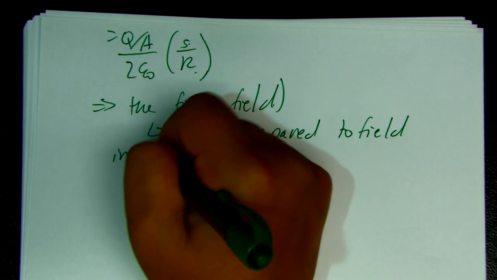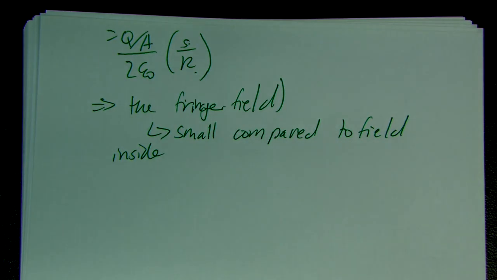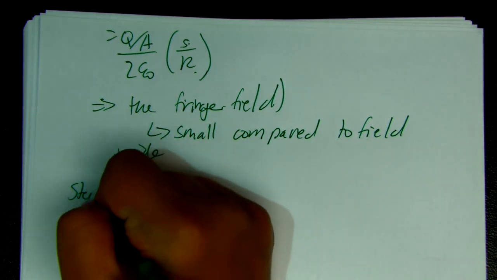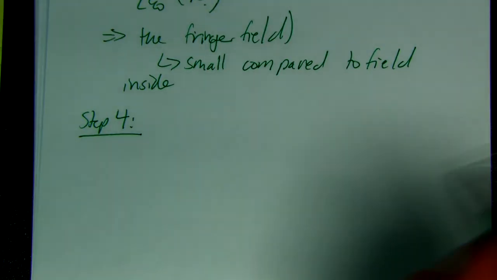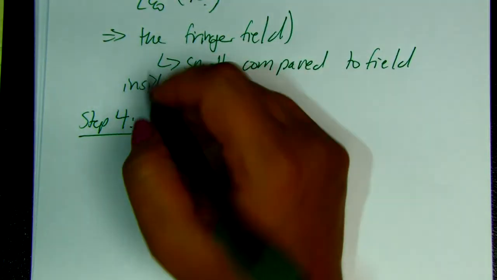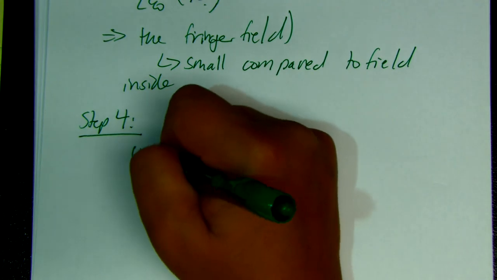So every once in a while, we will do a calculation where we are going to need that fringe field, but generally speaking, it's something that we'll often neglect. It just depends on the setup. You always have to ask yourself, is this going to contribute a measurable amount? Sometimes yes, sometimes no.